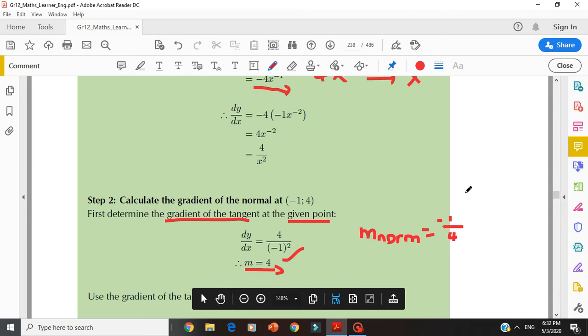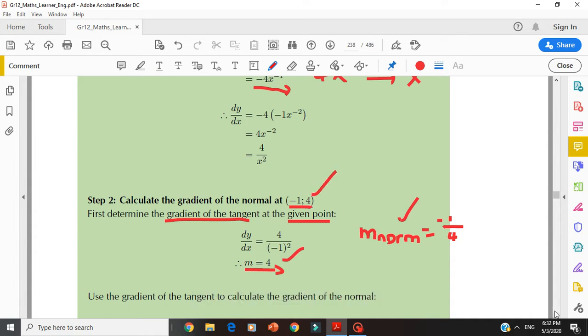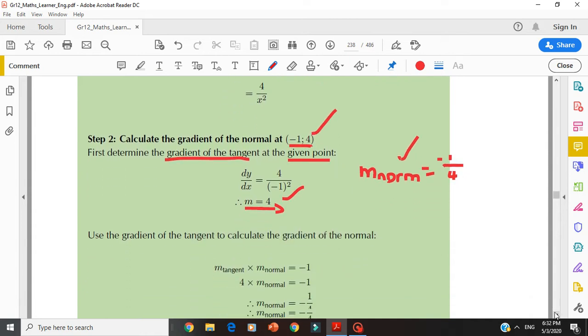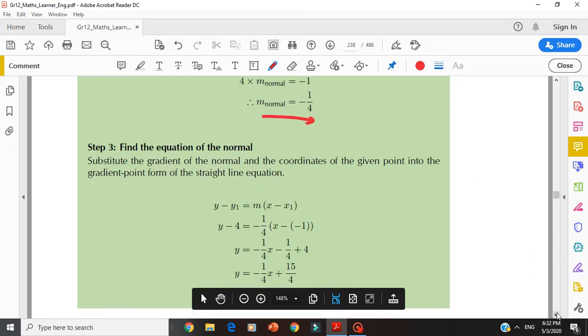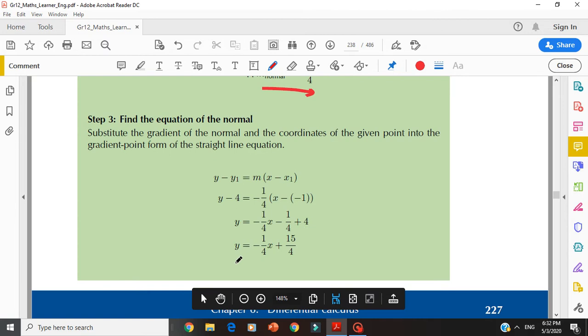And so now I've got the gradient of my normal line and a point on my normal line, so I can find the equation of my normal line. That's exactly what I did before, and that's exactly what I'm going to do here. Your final equation will be y equals minus 1 over 4 x plus 15 over 4.